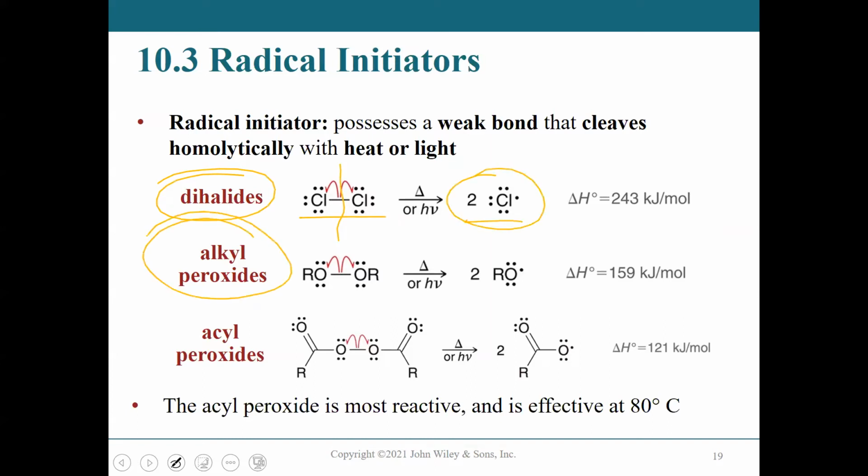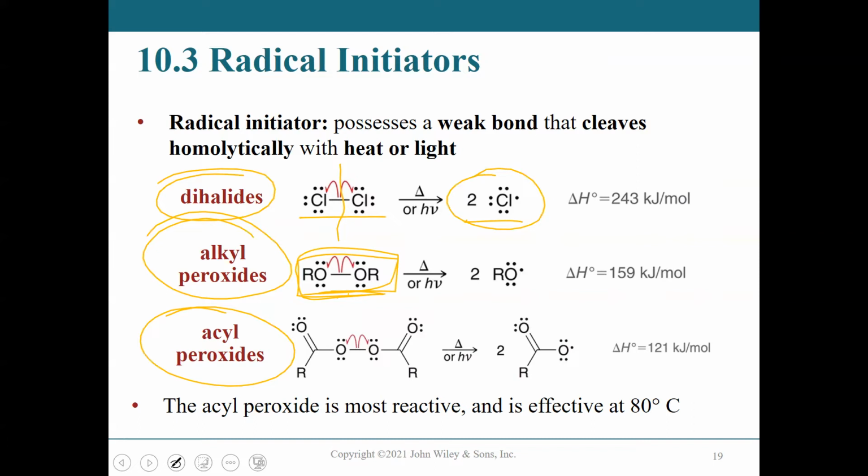Alkyl peroxides are one of them, and acyl peroxides is one more. Now you can see here what happens. Where have you guys seen this molecule? In HBr peroxide, right? Remember HBr peroxide? That is giving you a hint that the reaction follows a radical mechanism, the HBr anti-Markovnikov addition to alkenes.